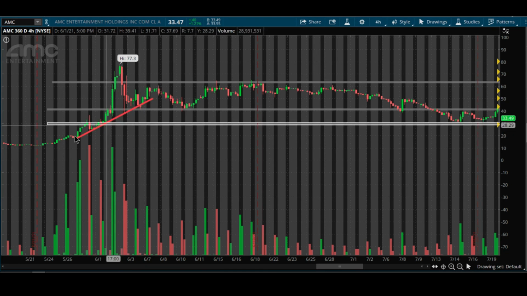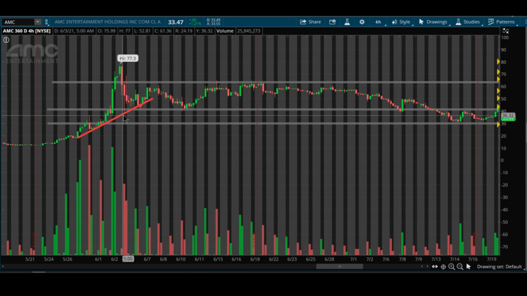Okay, so right here I have this trend line indicating an upward slope, right? And as this breaks away and it comes back, this indicates that this is support because it doesn't break this line and it's still in an upward trend. And then obviously after June 2nd it hits that all-time high and starts to come back down from its all-time highs.